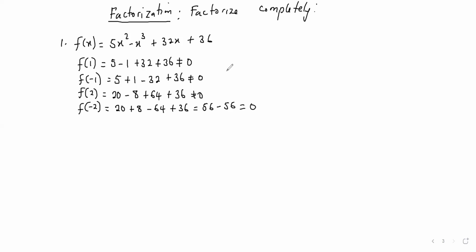Okay. So when we get a 0, we go back and rewrite our function now as negative x power 3 plus 5x squared plus 32x plus 36. I want to use the synthetic method, so I will get the coefficients like that.